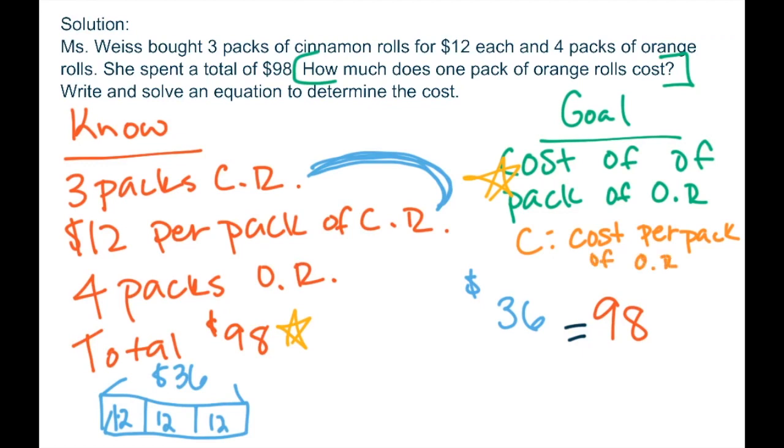So still thinking about my tape diagram, I've got 4 packs of orange rolls, but their cost is represented by C. So instead of getting a number, I actually get 4C for the cost of the orange rolls. So 4C plus that $36 it cost for the cinnamon rolls is equal to $98 that Miss Weiss spent.